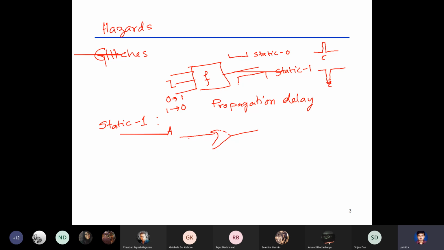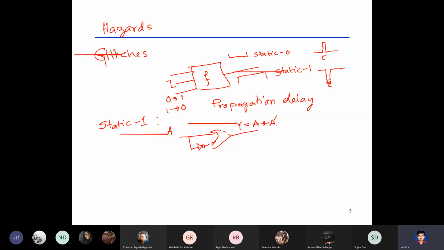Let's say this is A, and then you have a NOT gate. The output Y is A plus A bar.